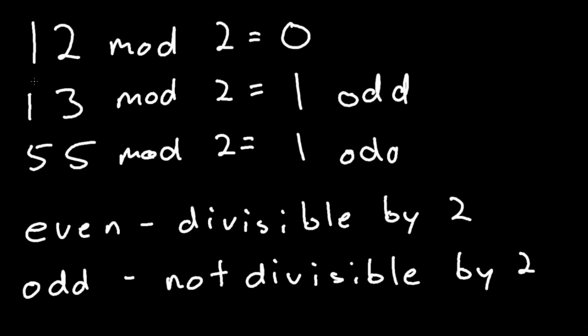Therefore, 55 is not divisible by 2. So 55 is an odd number. So, if you take a number with its mod of 2, you can determine the parity of it. This is very helpful for when you're doing projects. So keep that in mind.